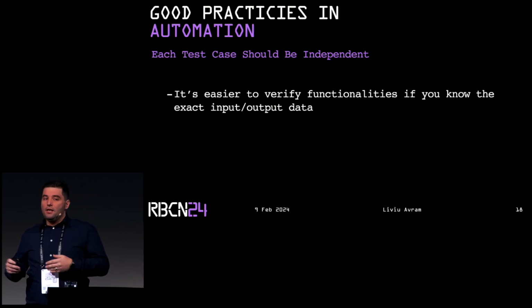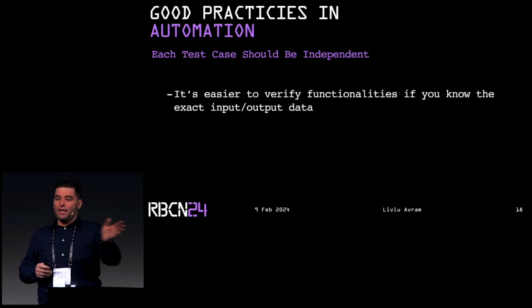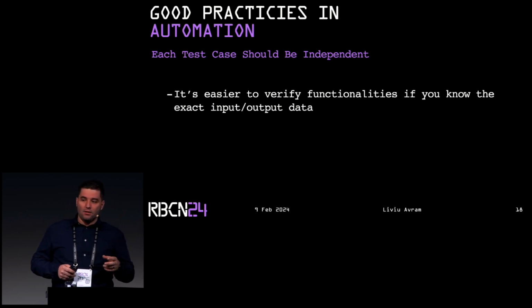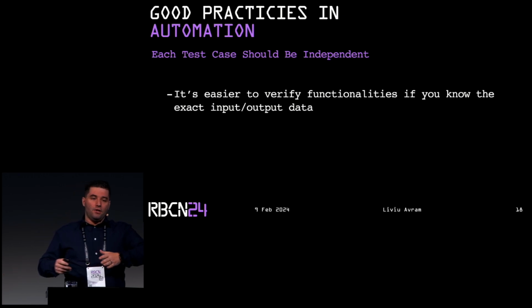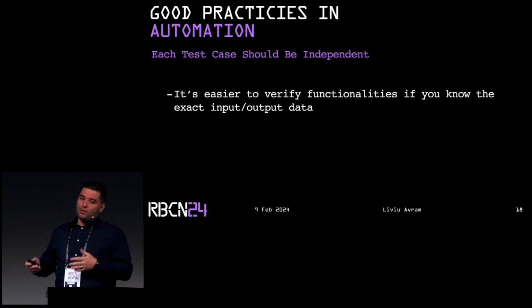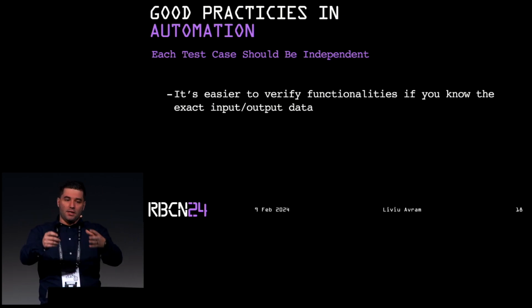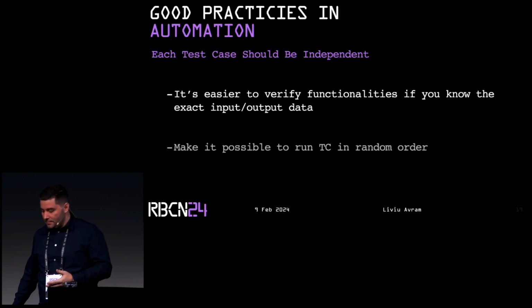That means that if you have a suite containing 20 tests and they are all connected to each other, at one point, if one test fails, all the other functionalities will not get tested because your suite will not move on. Also, you should know your input and your output data. What do you want to test, and what is the outcome that you want to obtain?